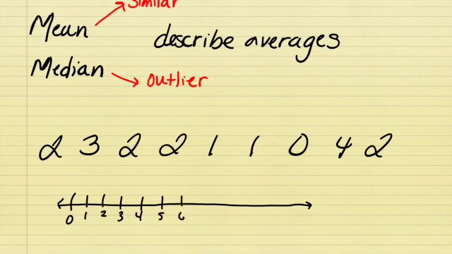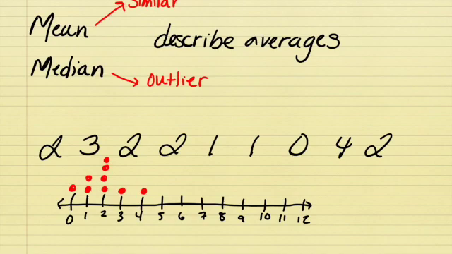They're all going to fall near each other on a number line. An outlier is a number that falls a considerable distance away from all the rest. So if I were plotting these numbers as a dot plot, I have a 2, a 3, a 2, a 2, a 1, a 1, a 0, a 4, and a 2. They're all pretty much down here.